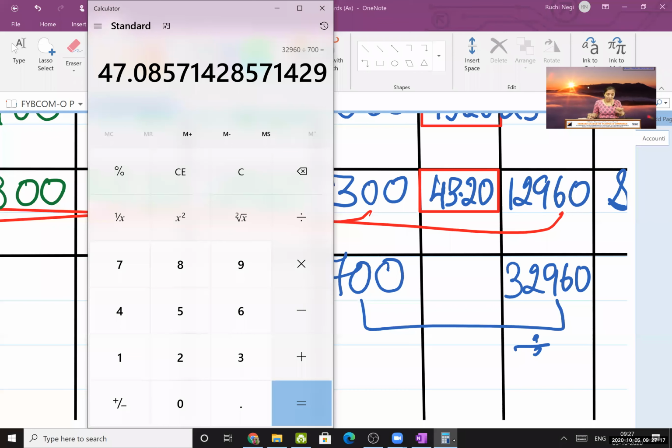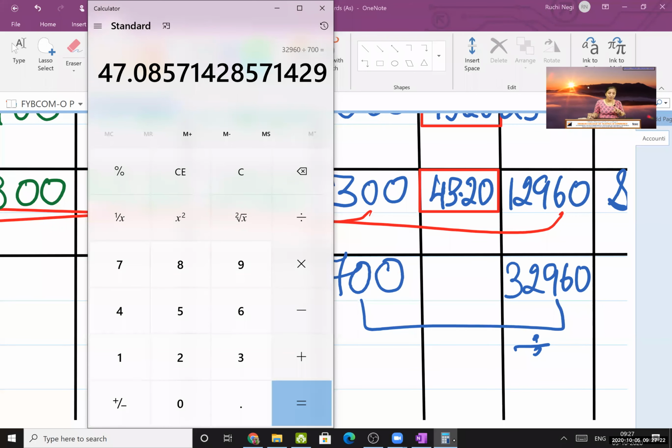Now just see what I'm doing. Don't write anything right now. First see and then write what I'm trying to tell you about the difference. 47.0857, so I'll go up to 4 decimals and write it here. I'm going to box this answer and show you how the difference comes.